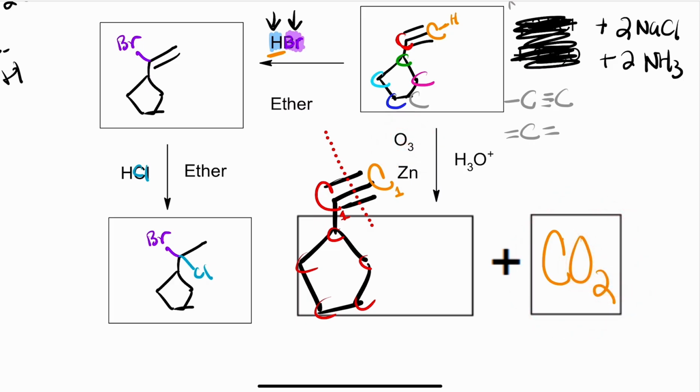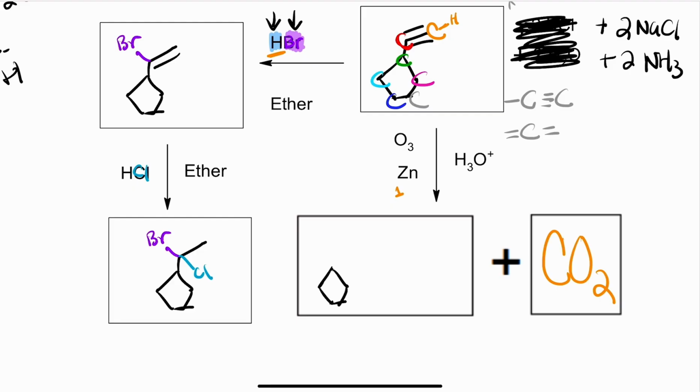So now that's gone, and you have this carbon where it split. That's all we have at this point. The triple bond is gone anyways. This turned into CO2. Now you still have all of this left right here.